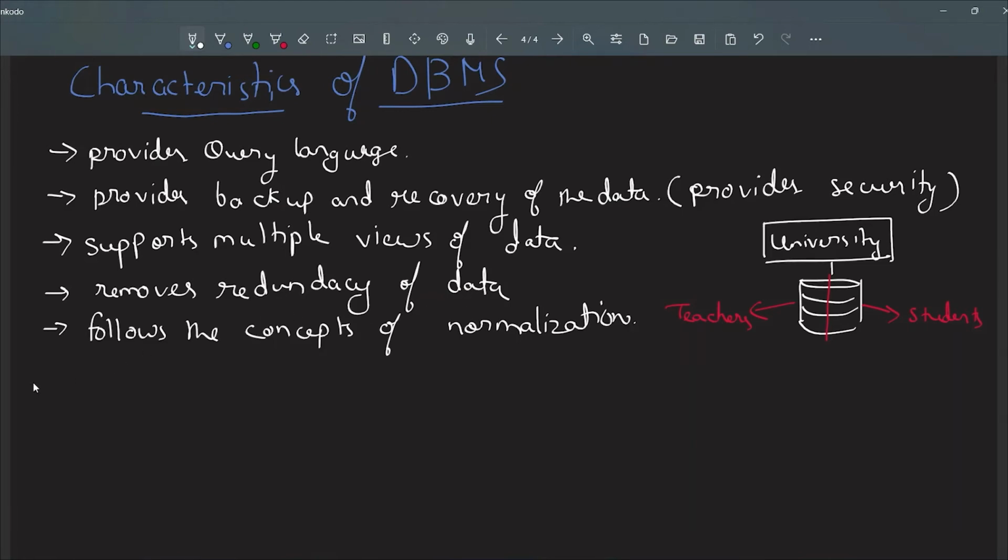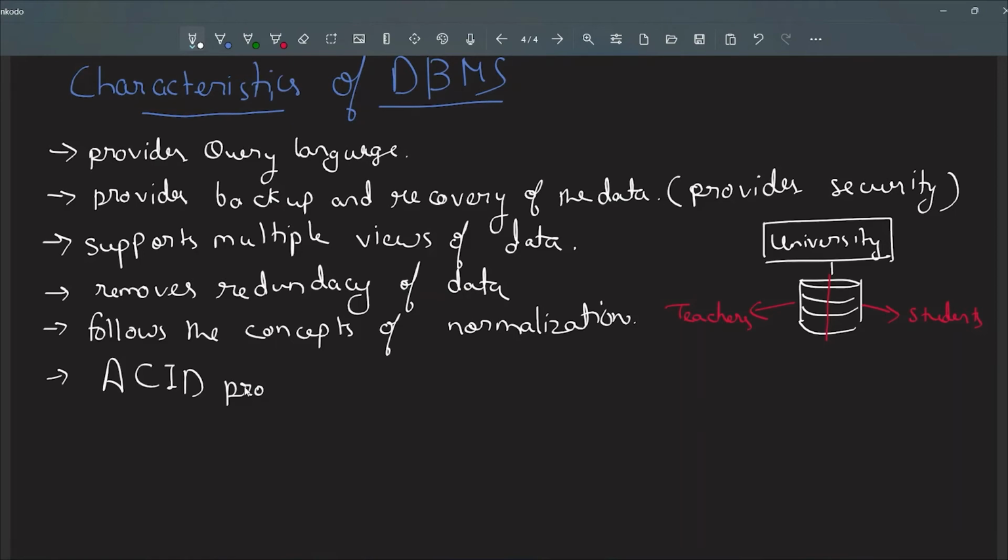Now the last and most important characteristic of DBMS is that the database management system supports ACID properties. If you have ever heard about ACID properties, it's not that acid; its full form is different.